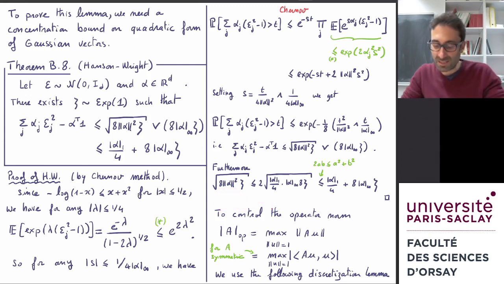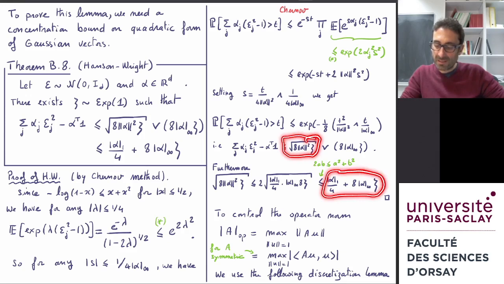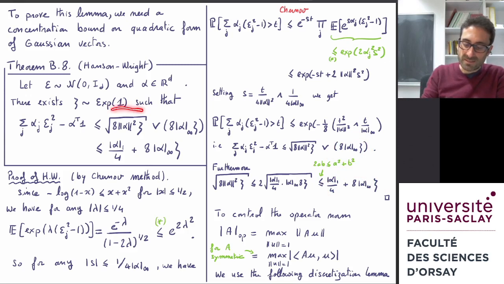So if I use this upper bound and I just divide by 4 here and multiply by 2 here, by using the fact that 2ab is smaller than a^2 plus b^2, I obtain that this quantity is smaller than this one. Okay? So I can upper bound this quantity by this quantity. And now when I take the maximum between this quantity and this quantity, I see that this one is always the largest. So what we have is that this is always smaller than this.